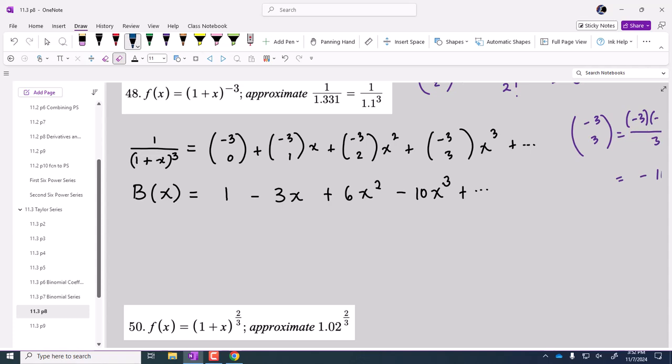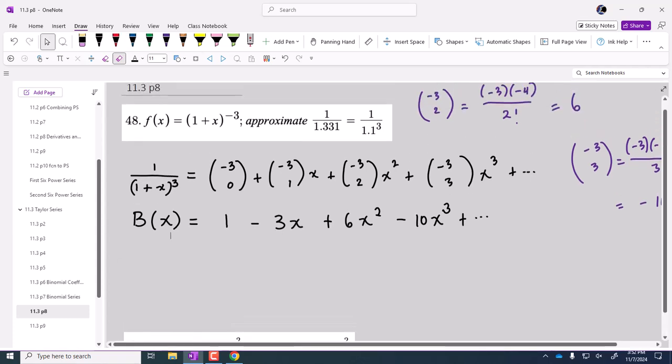So what is going to be x? 0.1. If we look, this is 1 plus x. So in the denominator, it's 1 plus x, which is 1.1, so the 0.1 is what's being represented by x. So b of 0.1, that's what's representing x.